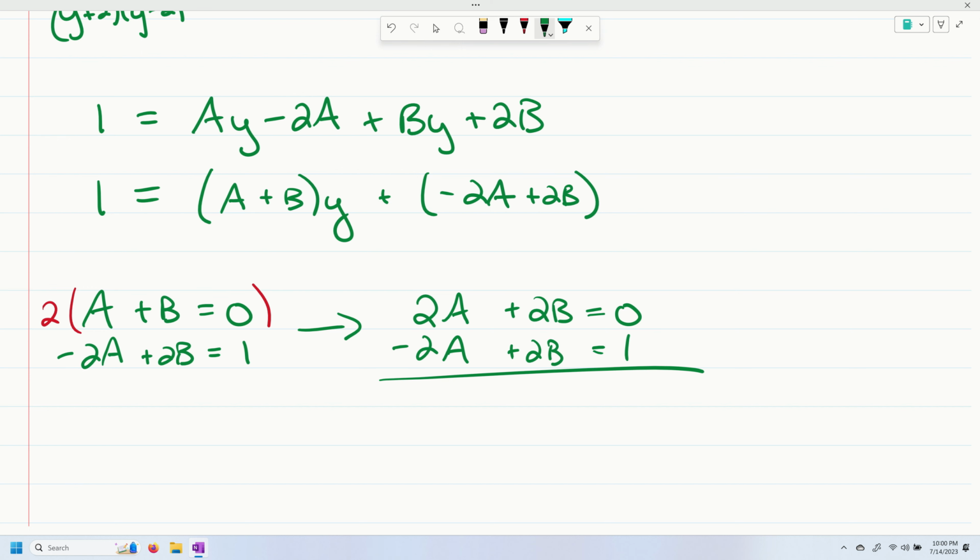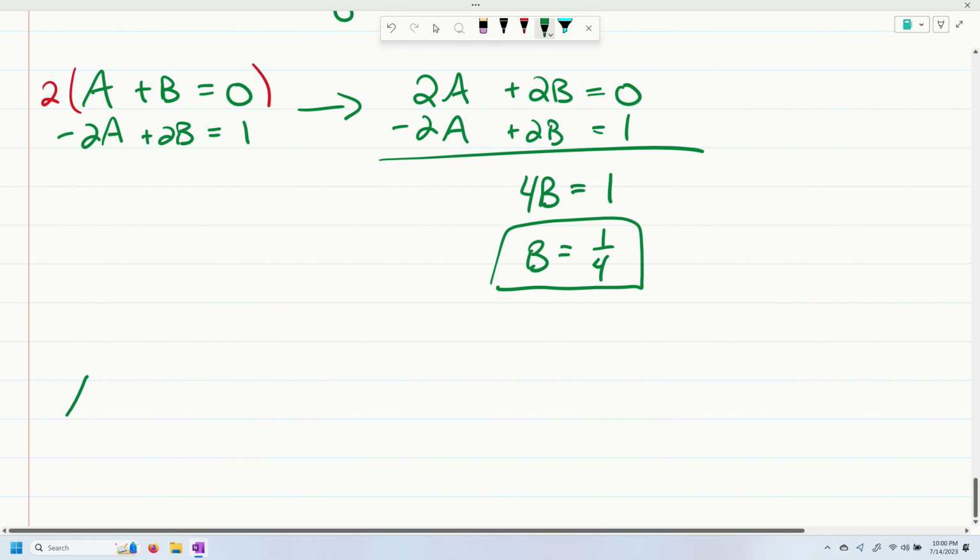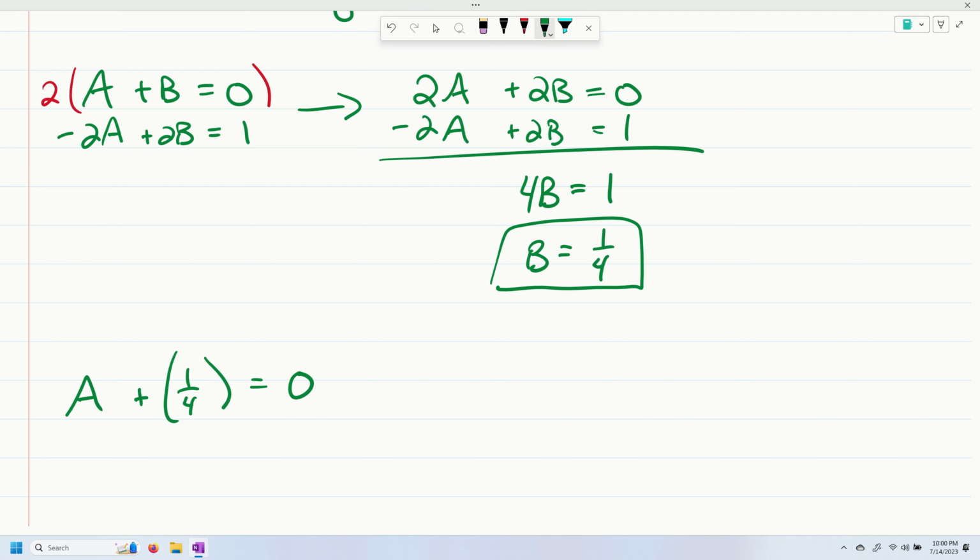When we add these two equations together, we end up getting 4B equals 1. Therefore, B has to equal 1/4. And since we know B equals 1/4, I'll use equation 1 to solve for A, which means A equals negative 1/4.